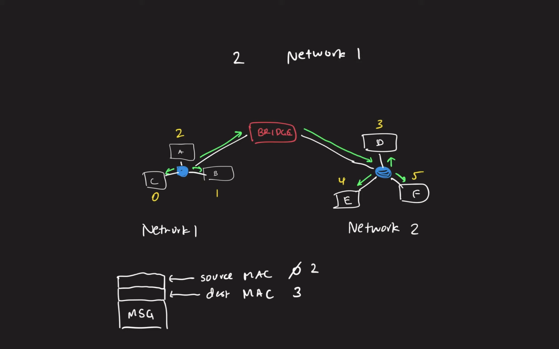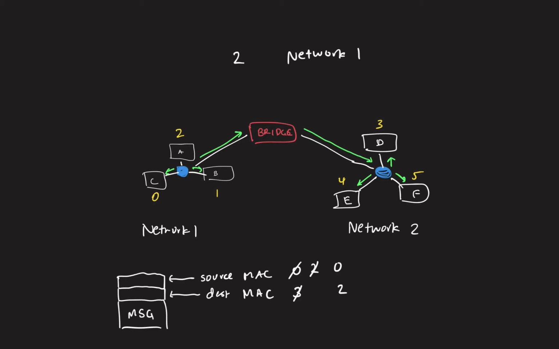Now, say computer C wants to communicate to computer A. Computer C will create a message, and the message will have source MAC 0 and destination MAC 2. And we'll notice that the message will get sent to the hub, which will send it to computers C, A, and B, and will also send that message to the bridge.